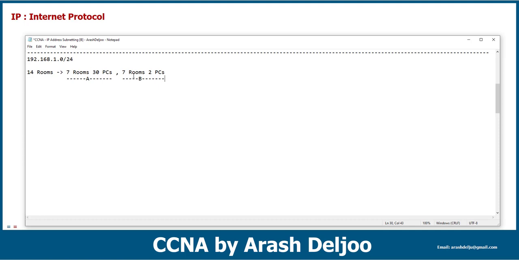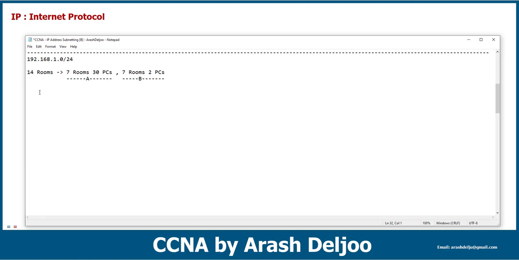You can start with the rooms needing fewer IP addresses, but it's better to start with the rooms needing more IP addresses, and after that continue with the rooms needing fewer.